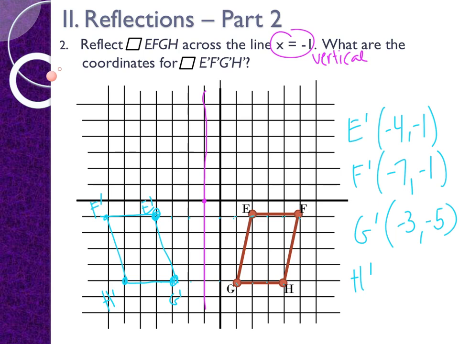And H prime is -6, -5. Remember, when we're reflecting over a line that is not an axis, we need to count our points away from the line of reflection. When it's the x-axis or the y-axis, we can just flip our signs that way.